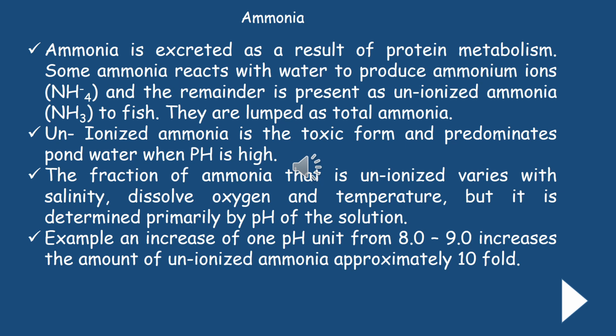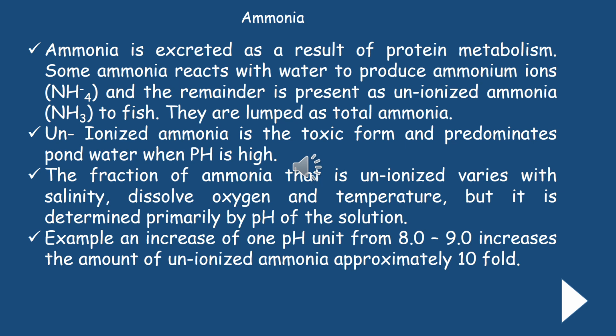The fraction of ammonia that is unionized varies with salinity, dissolved oxygen, and temperature. But it is primarily determined by the pH of the solution, and that is the reason why you must have a pH meter or digital pH meter.